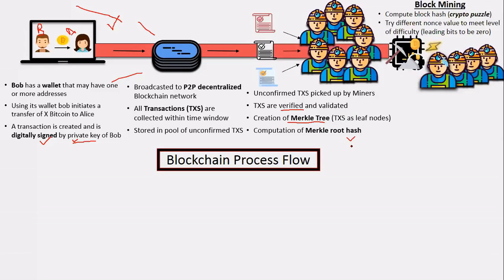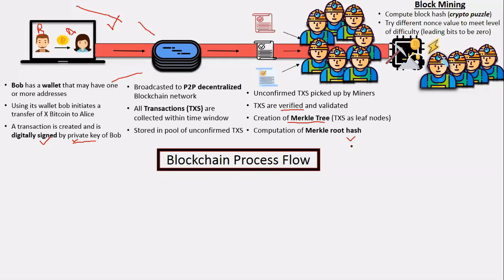All right, then once the block is ready for mining, they start solving a crypto puzzle. What is this crypto puzzle? If you remember, there is a field in the block header which is called nonce. So all the miners start trying different random values for the nonce, such that the hash value they get satisfies the difficulty level.